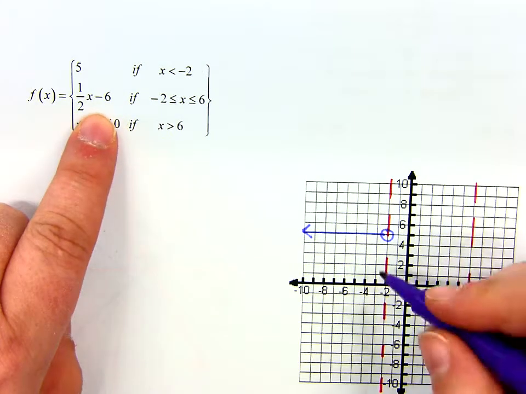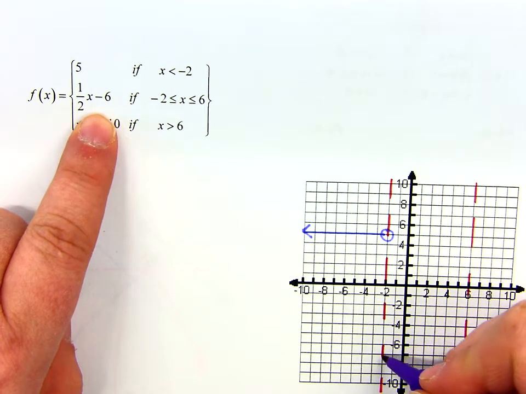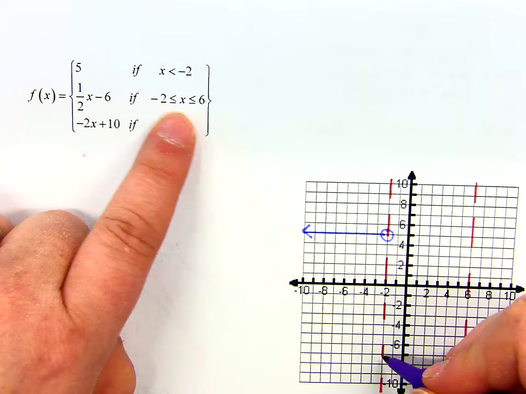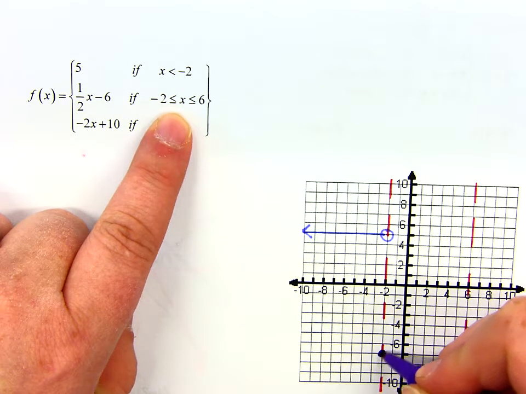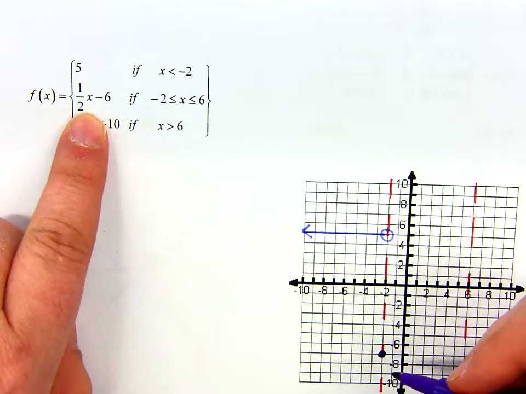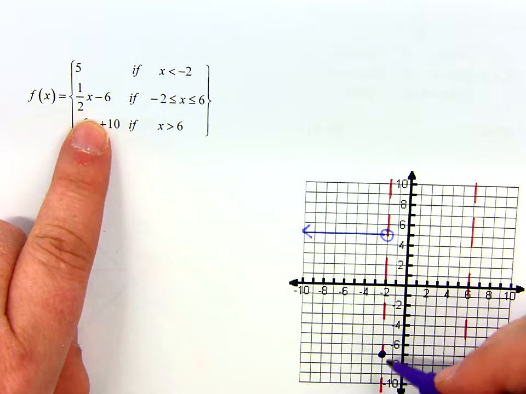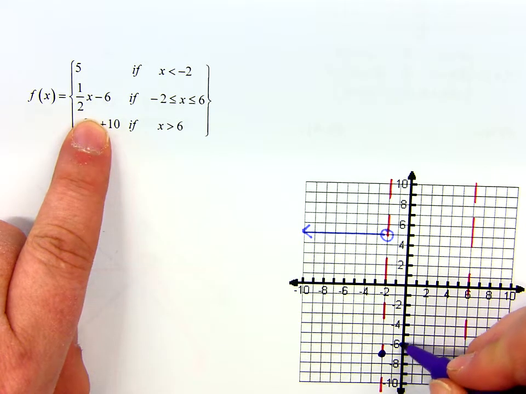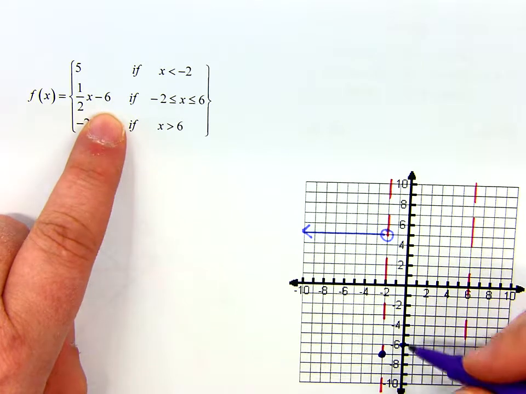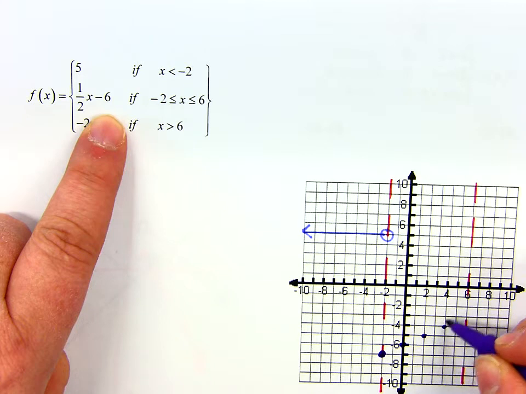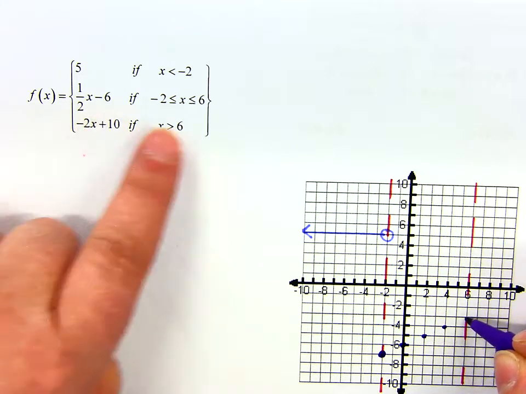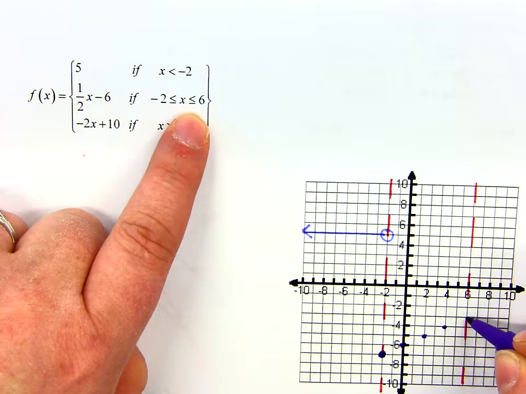So I'm going to start at -7 with a closed dot or an open dot? Closed at -7. And then I just follow my slope of 1/2, right? Up 1 over 2. It should cross at -6, and lo and behold it does. Up 1 over 2, up 1 over 2, up 1 over 2. When I hit this other side, open or closed? Closed.